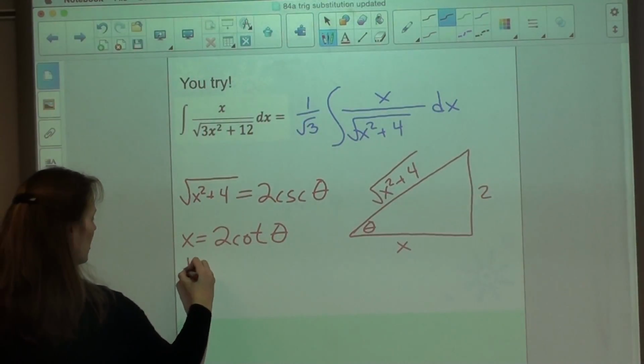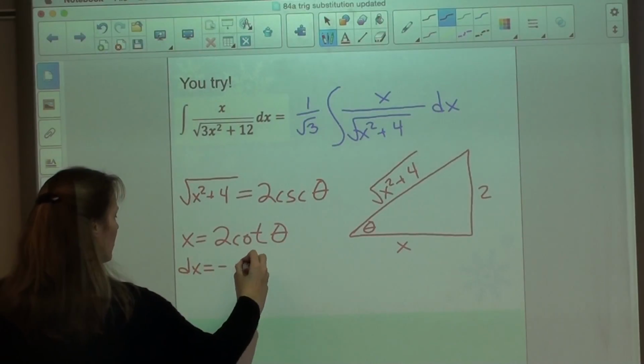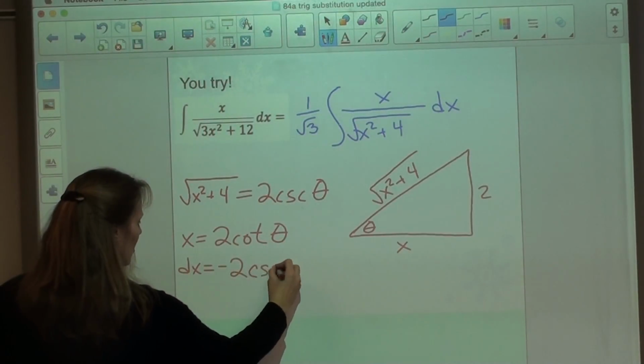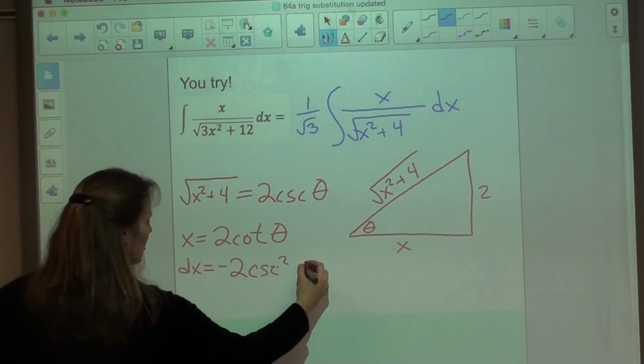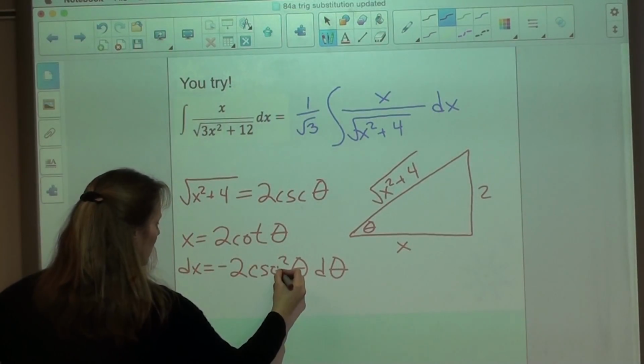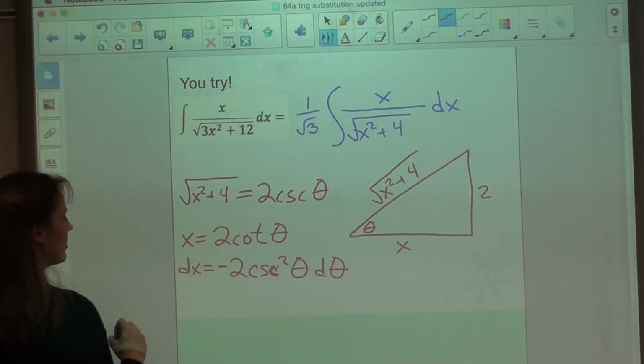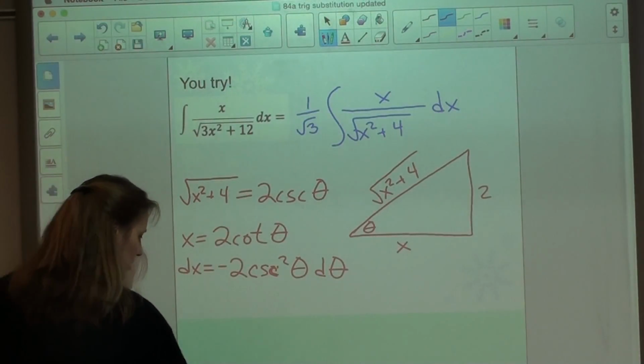What's the next? Oh, yeah. Did you get 1/2 cotangent? 1/2 cotangent theta? Alright. 1/2 cotangent.